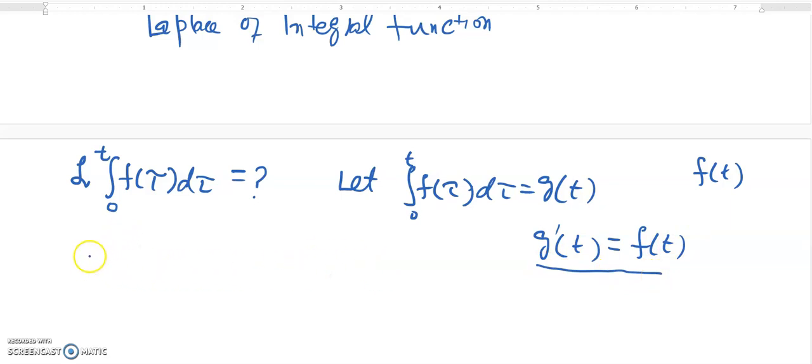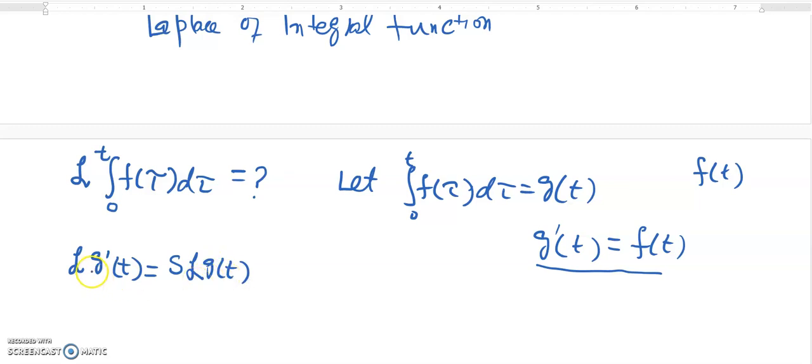Next, we also know that if we take the Laplace transform of the derivative of a function, so for example in this case it is g prime of t, its Laplace transform will be equal to s times the Laplace transform of the function itself.